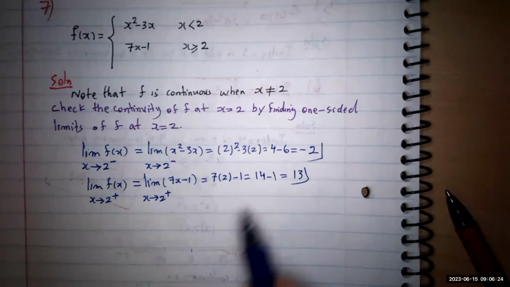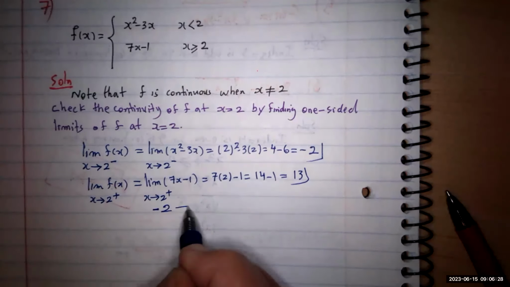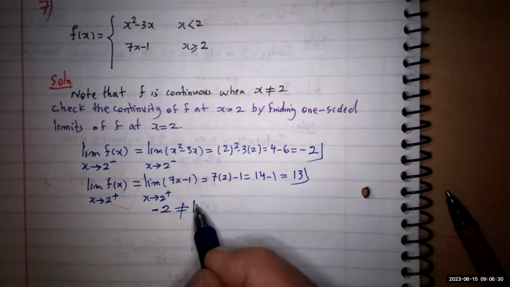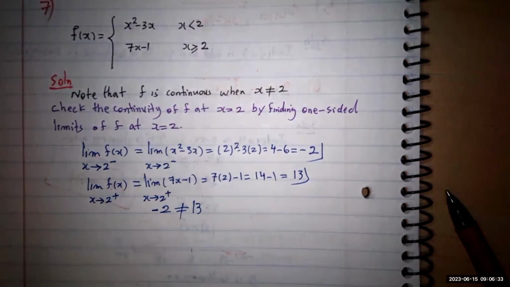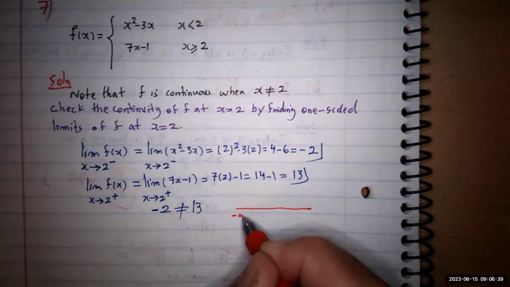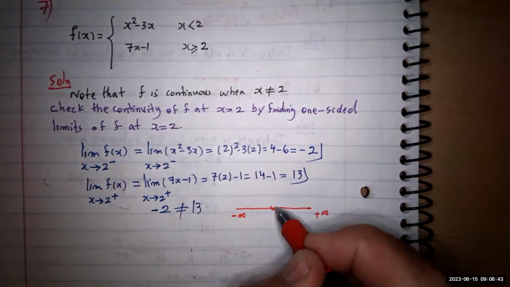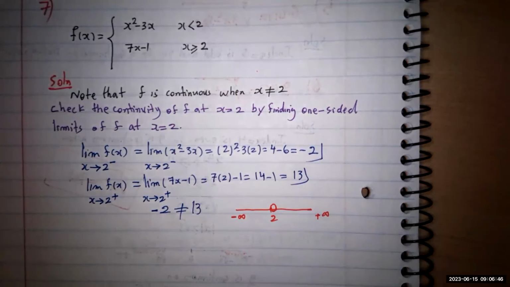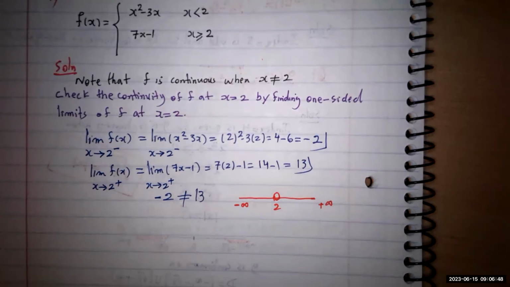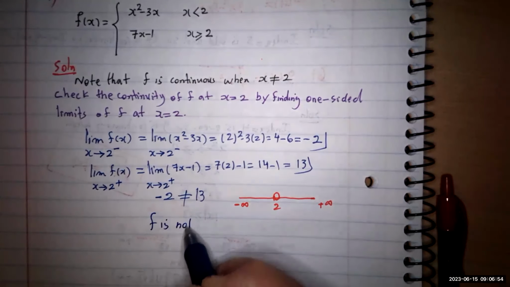You see, we get two different numbers. Negative 2 is not equal to 13. So at this point, the graph has a hole, at 2. So the function is not continuous at 2. So f is not continuous.